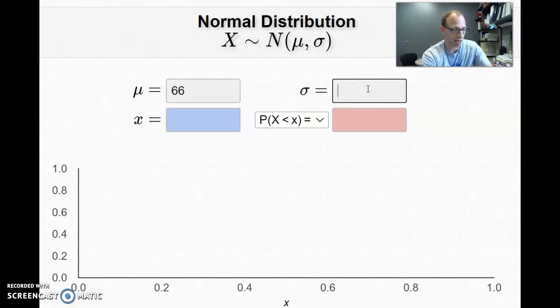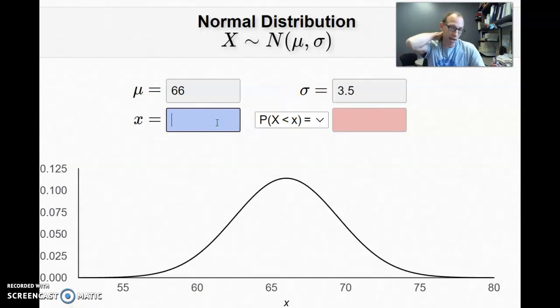And if I remember right, the standard deviation is about 3.5 inches. So let's say, now we have our distribution here. Let's say we want to know what portion of adult females in the US are less than 6 foot tall, for example. So 6 foot would be 72 inches.